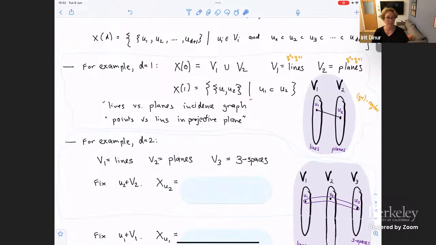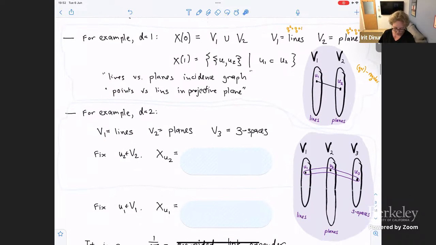Now let's look at the example for D equals 2. Here I have F_q^4, and I have 3 types of vertices: lines, planes, and 3-spaces. And my faces are triples, U_1 contained in U_2, contained in U_3. Now, already now notice that I don't have the same number of lines as I do the number of planes.